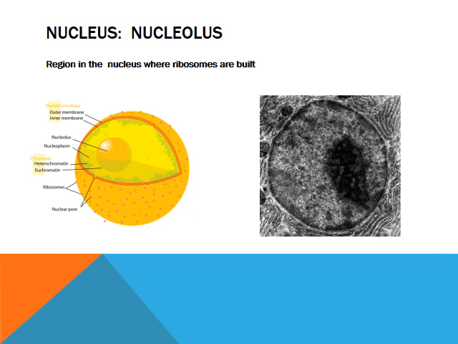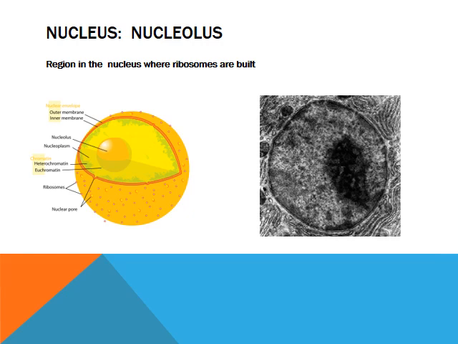Inside the nucleus, you have another small structure called the nucleolus, the little nucleus. The job of the nucleolus is to build ribosomes. What are ribosomes good for? We talked about it just a few minutes ago. They help build something.